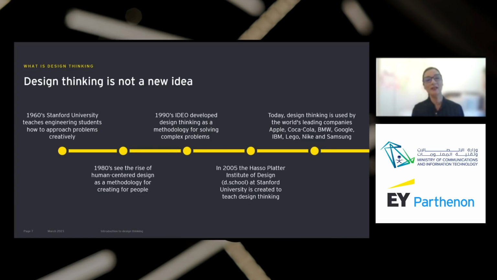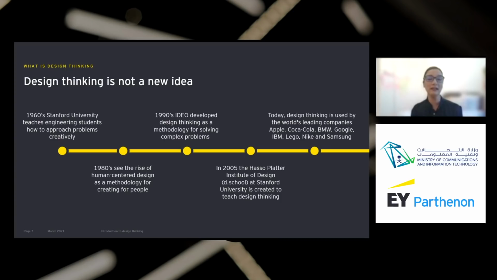Now, design thinking is not something that is new. It has been around for some time. Back in the 1960s, Stanford University started teaching their engineering students to approach problems in a bit more of a creative way. And then by the 1980s, we started to apply this thinking to how we could think about designing for people, and it started to evolve into this very people-centric or human-centric approach.